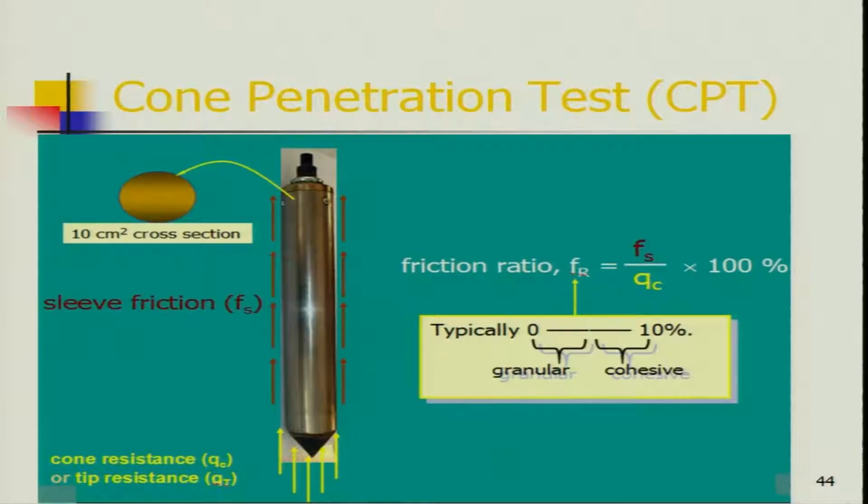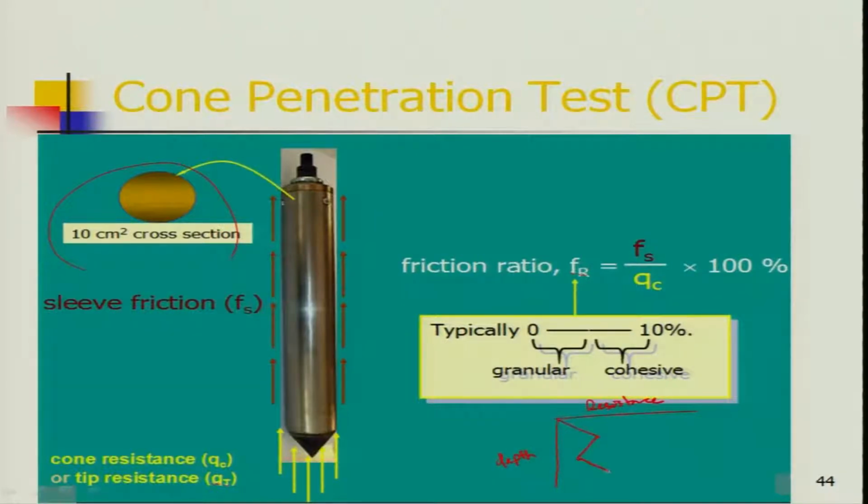A cone having a 10 centimeter square cross section, and there is a cone at the bottom. This has been arranged in such a way that you can measure cone resistance versus depth.